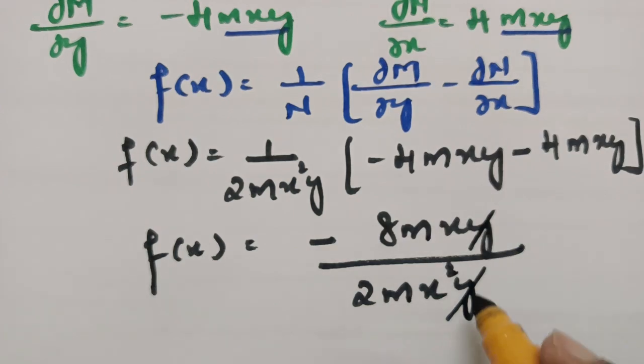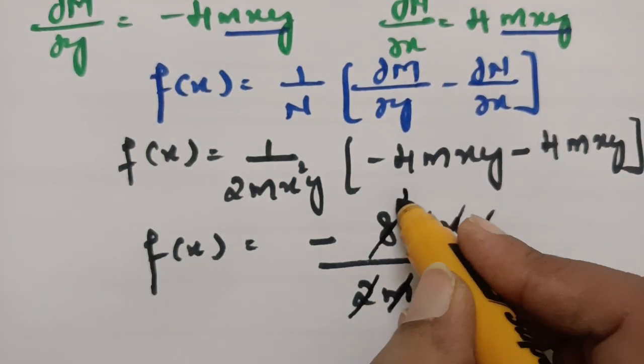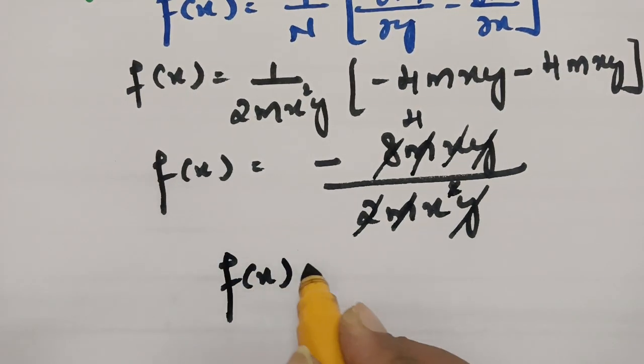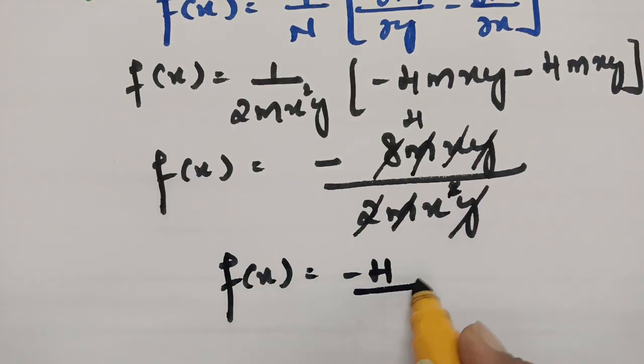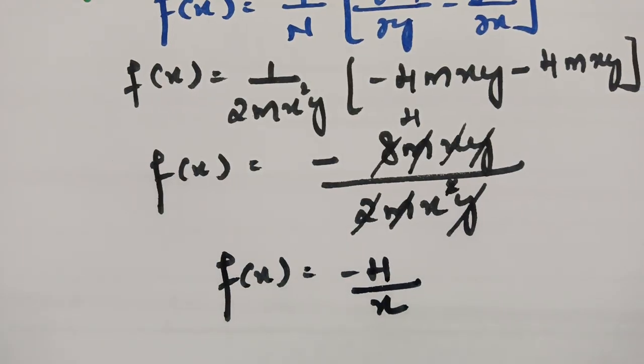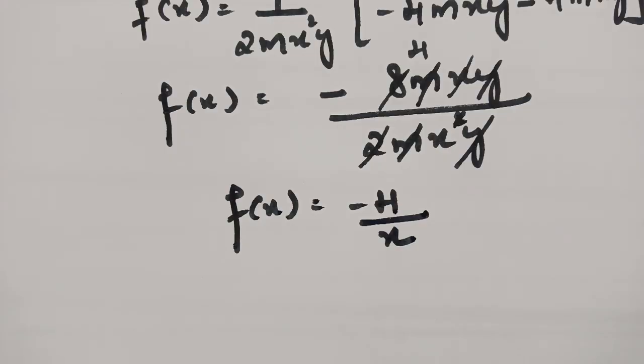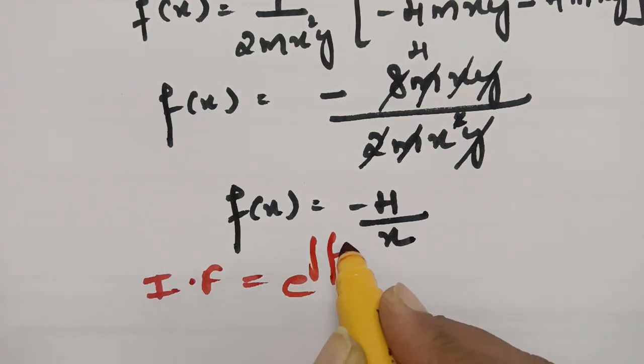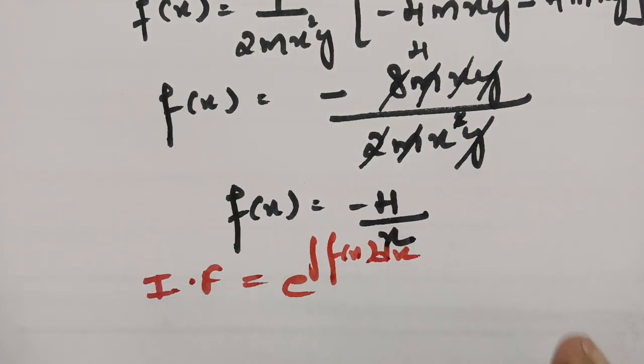Now I can cancel these two. So x for one time, m, and this is also 4. And therefore f of x value is equal to minus 4 by x. Now we have to go with an integrating factor. So what is the formula for the integrating factor? Integrating factor is nothing but e to the power of integral f of x into dx.